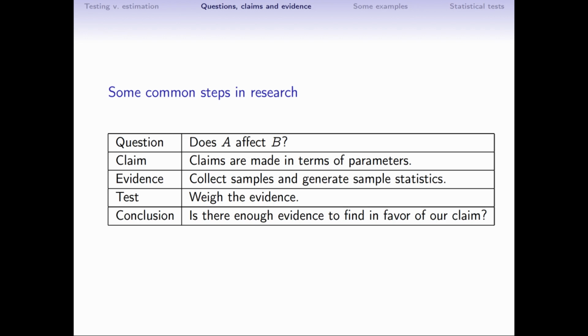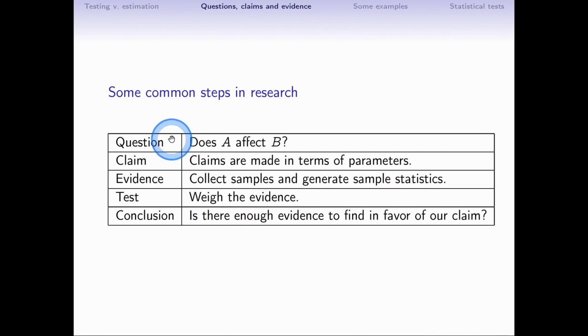The next phase is evidence. We collect samples and generate sample statistics. The next phase is testing. We take the evidence that we've collected and we weigh it. We decide whether this evidence is weak or strong. Finally, we draw a conclusion. We answer the question, is there enough evidence to find in favor of our claim?